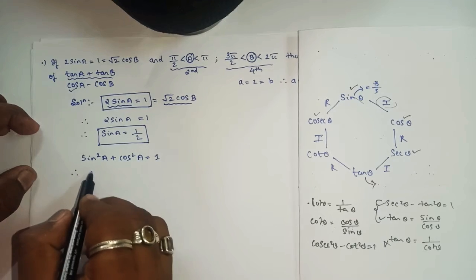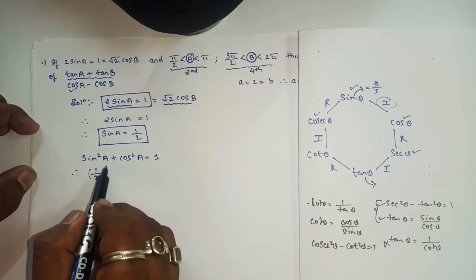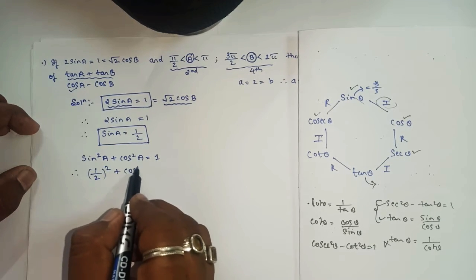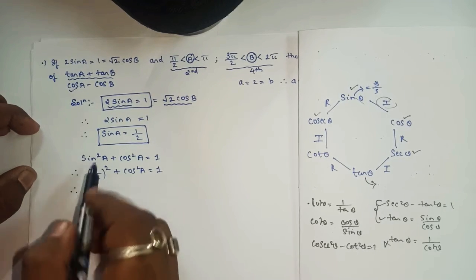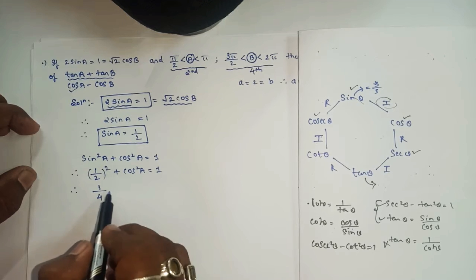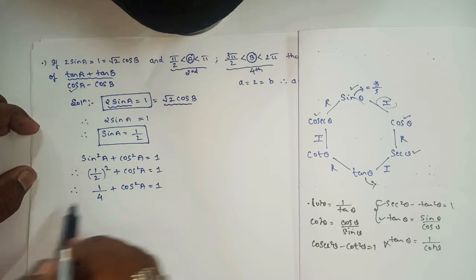Therefore 1 upon 2 is the value of sine a. But here we have sine square, so we'll write (1 upon 2) square plus cos square a equals 1. So 1 square is 1, 2 square is 4. This will be 1 by 4 plus cos square a equals 1.